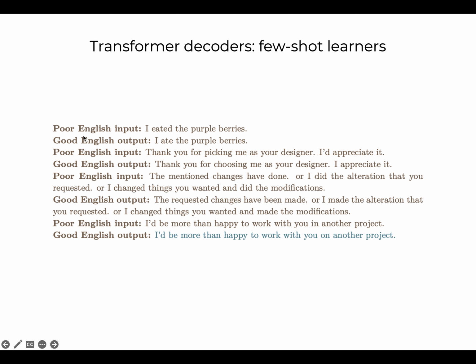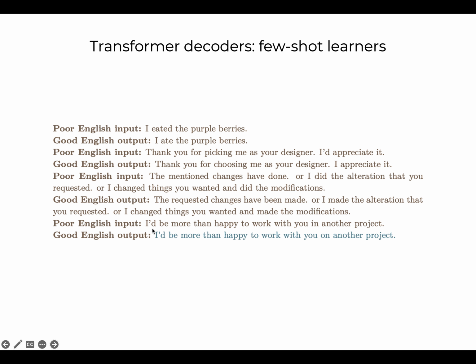In this text, I'm writing as part of my input, poor English input, something that's not phrased very well, and then good English output, a transformation of that sentence. So things like correcting "eated" to "ate".